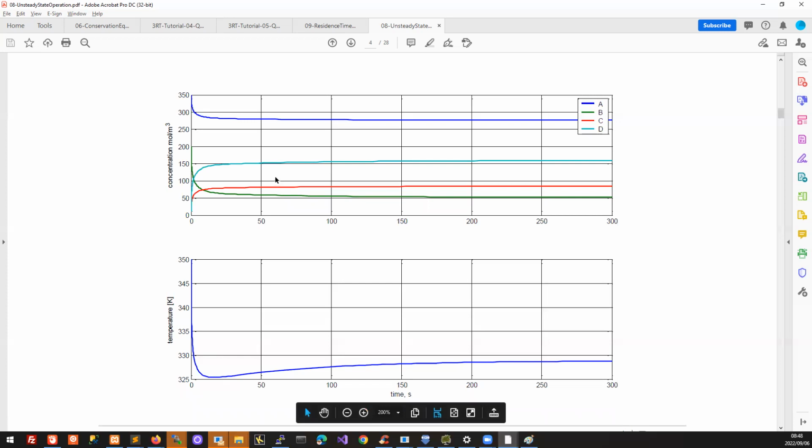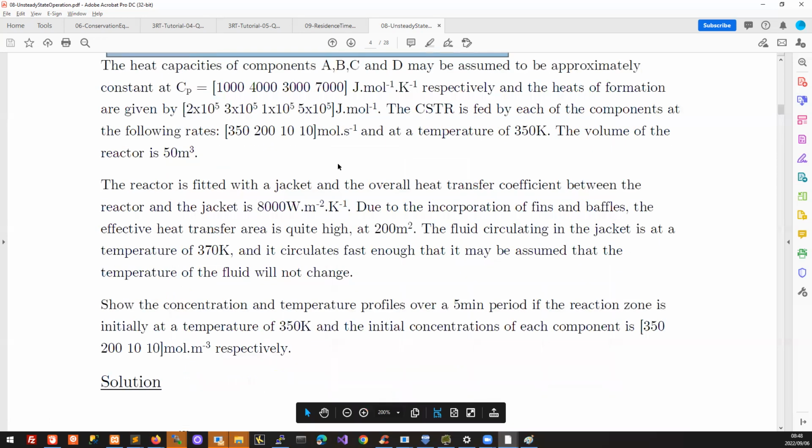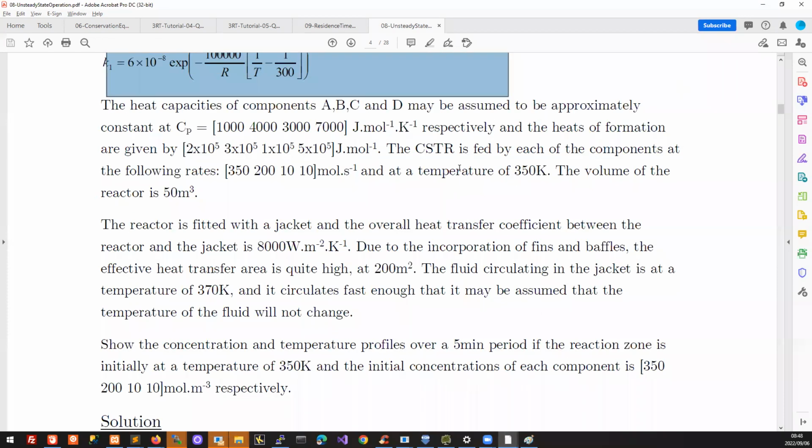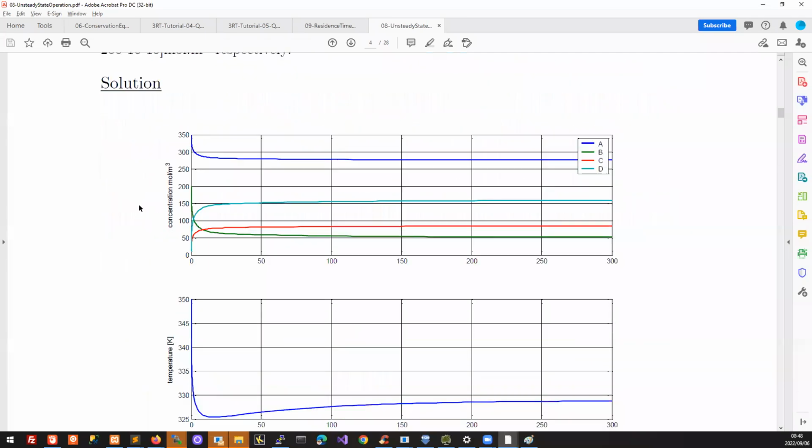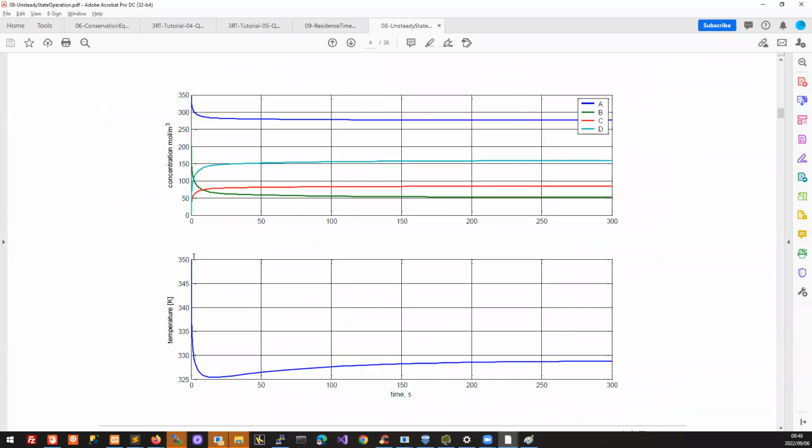Because your reaction rate has gone down, your reactor starts to recover because your feed components are at a higher temperature. You were feeding at a temperature of 350 Kelvin. First, when the reaction rate was quite high, the reactor actually dropped below the feed temperature. But when the reaction rate went much lower, the contribution of the energy from the feed raised the temperature again.